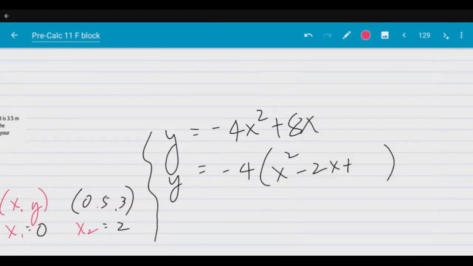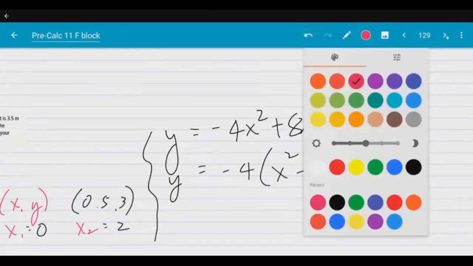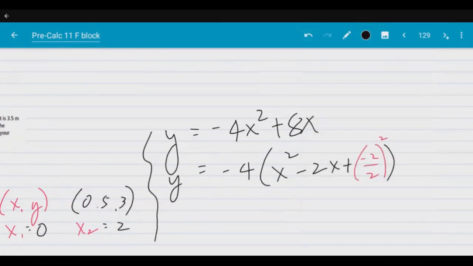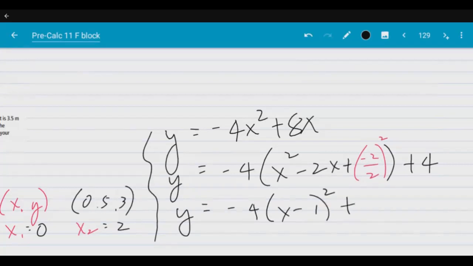So negative 2 divided by 2 is negative 1, and squared is 1. But then you are multiplying by negative 4, so you're actually subtracting 4. To counter this, you're going to add 4. So now we have our vertex form as negative 4 times x minus 1 squared plus 4.